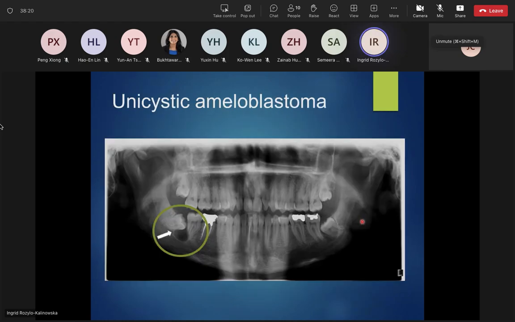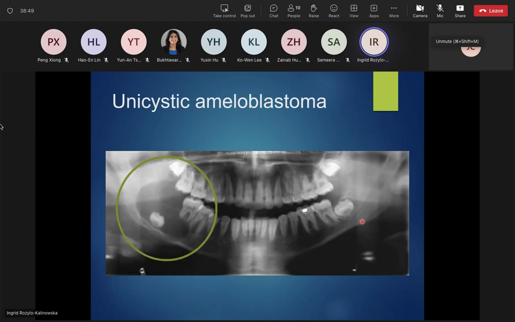The unicystic ameloblastoma, unfortunately, is very tricky because it can look like anything else, and this was also verified by histopathology. But if I looked at it just to report, first thing first, I would have reported here an odontogenic keratocyst.